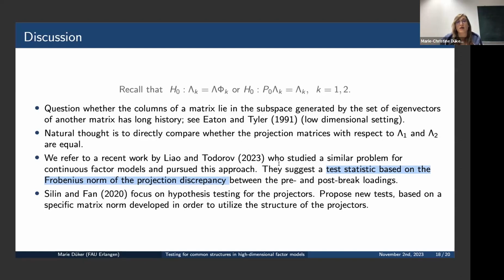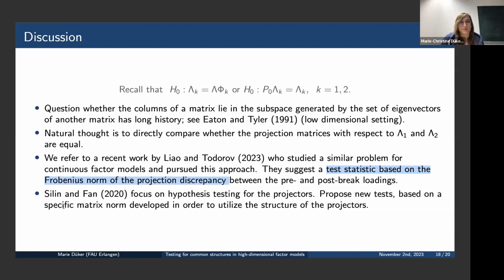So whenever we are in a high-dimensional setting, this becomes technically much more complicated, because our approach still works in the lower dimensional setting where we do everything based on the factors, and the factors are actually lower dimensional objects, which makes everything much easier from a technical perspective, like in terms of proofs, for example. Also, this kind of problem is very hard to push this Eaton-Tyler paper to the high dimensional setting.